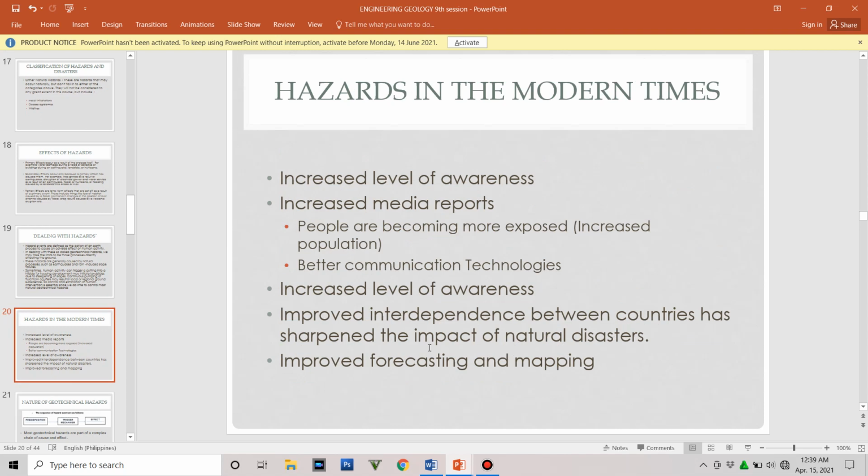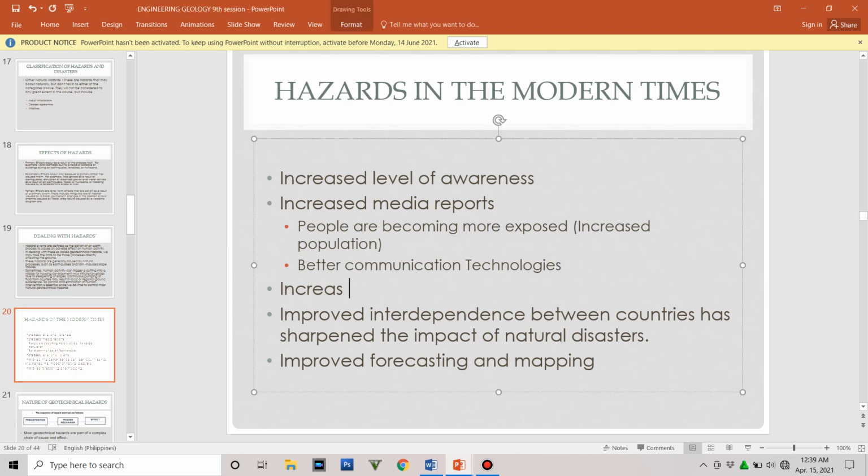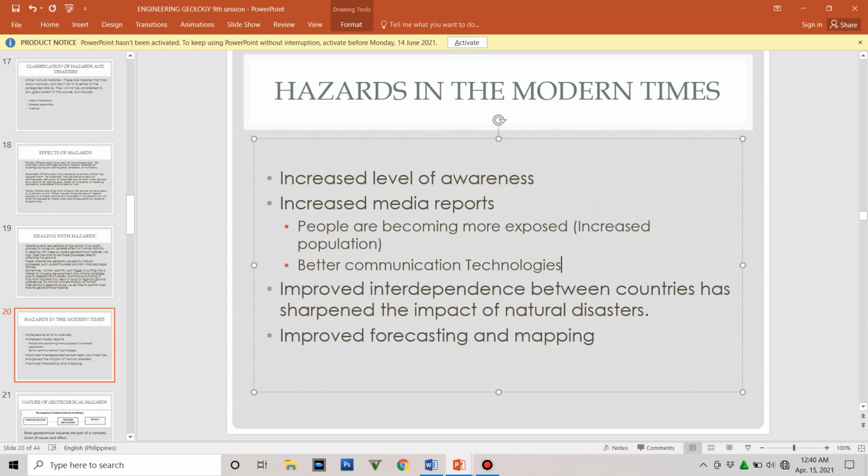So yun nga lang, people are becoming more exposed because of the increased population, better communication technologies. We also have the increased level of awareness. Nadoble yan. And then the improved interdependence between countries has sharpened the impact of natural disasters.